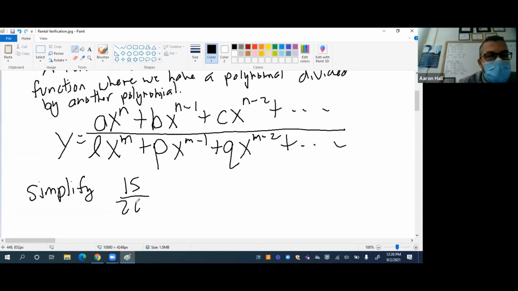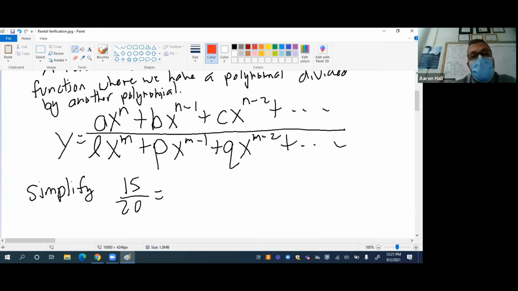So let's look at simplifying 15 over 20. You probably look at both of these and say, well, they're both divisible by 5. How many 5s go into 15 and how many 5s go into 20? But I want to encourage you to think of it this way, about factoring. Let's factor the numerator and the denominator.